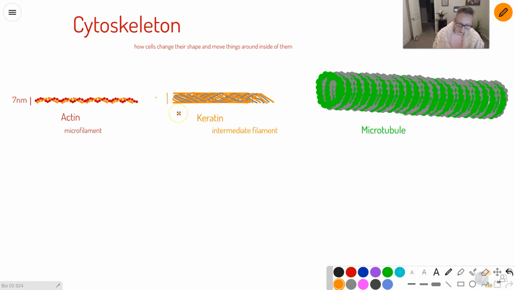This is about 10 nanometers wide. It's in between, it's intermediate. And then here we've got our microtubules, which are about 30 nanometers wide. Microtubules are hollow tubes.